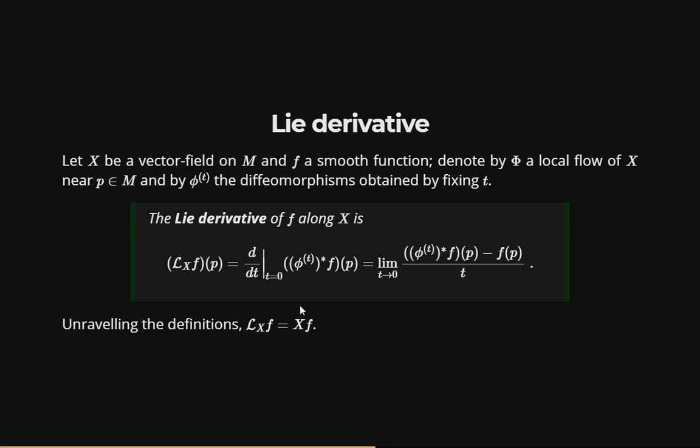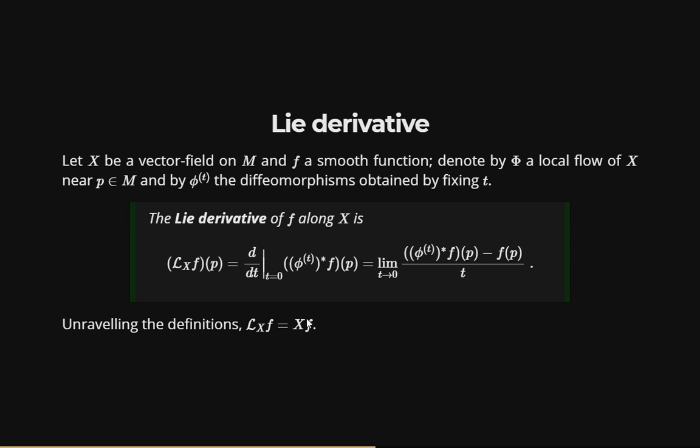The vector field X, which is in P, X of P is just the velocity of gamma, the tangent vector gamma. So by definition, this is X applied to f as a derivation. And this holds in every point, so it's just X applied to f globally.